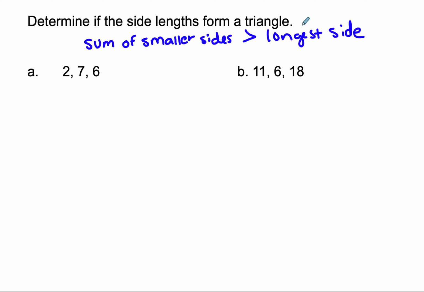And that's because you need to have them long enough to connect. So for example, I'll just do one down here. I have two little tiny sides, and then I have a really big side. That's not going to be long enough to make a triangle.